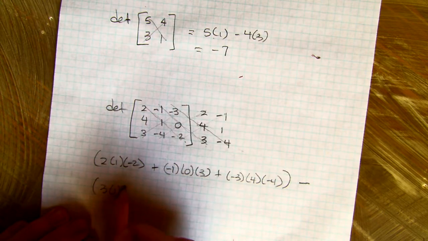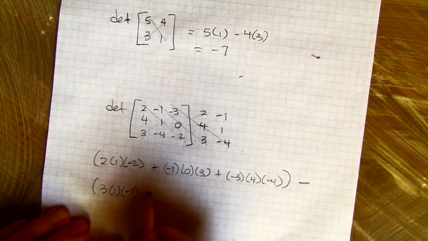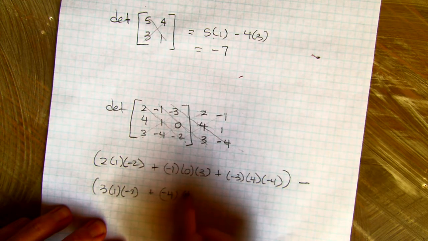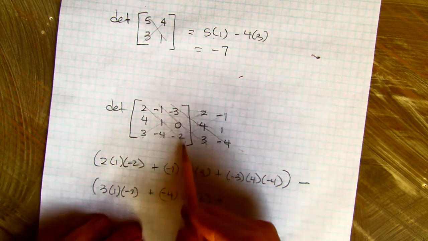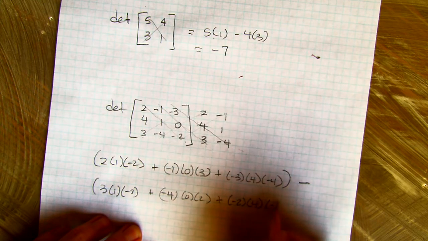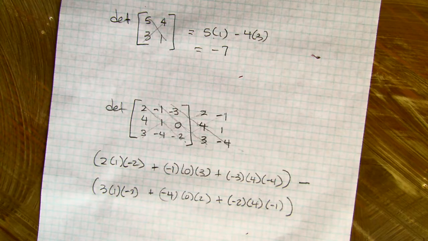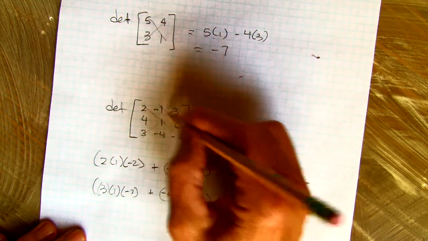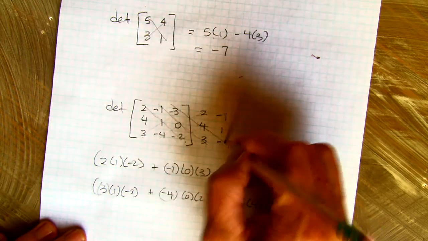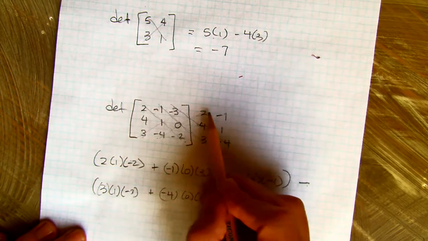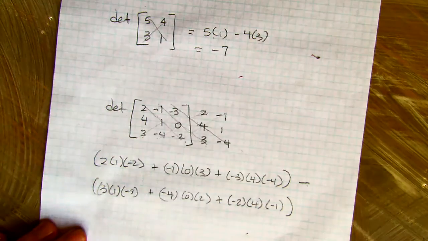So 3 times 1 times negative 3 plus negative 4 times 0 times 2 plus negative 2 times 4 times negative 1. So these multiplied plus these multiplied plus these multiplied, minus these multiplied plus these multiplied plus these multiplied.